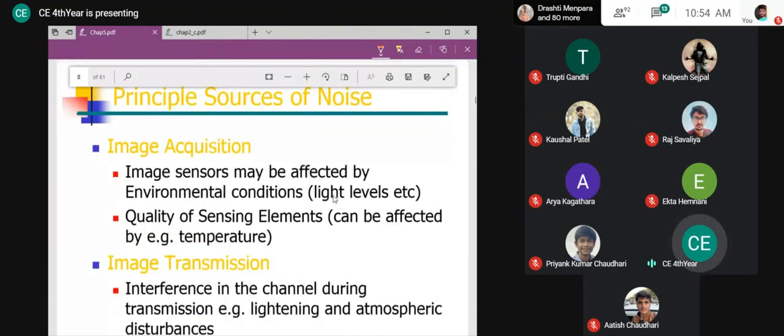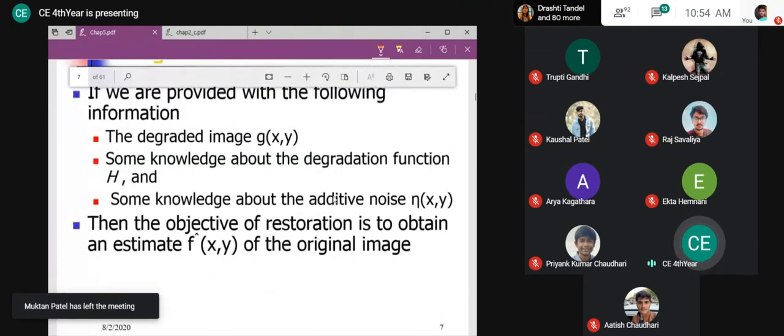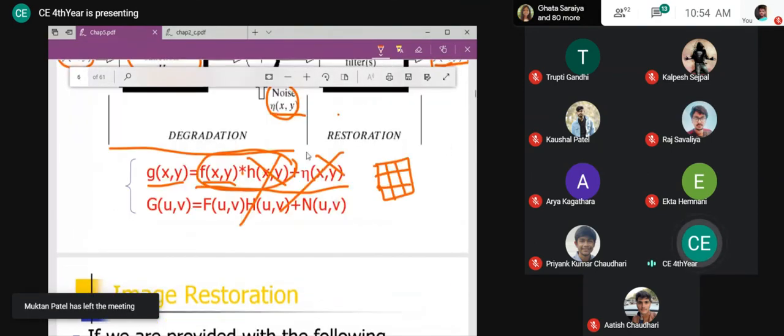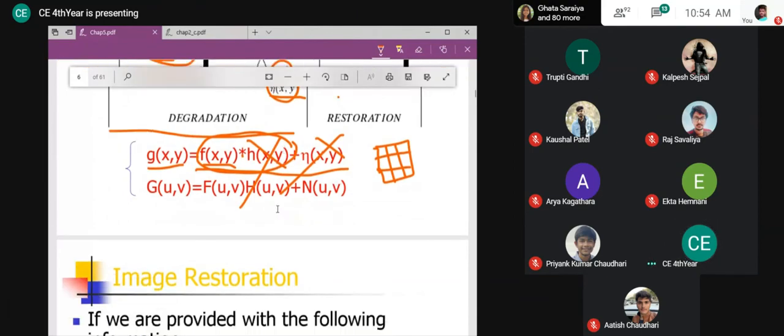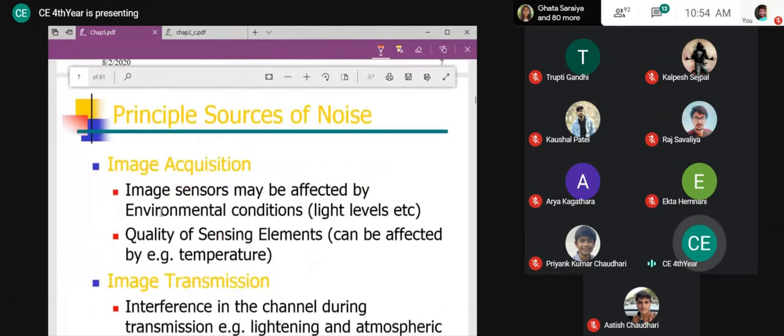So now, the degradation function, definitely we will go to that point, how that degradation will come. But another thing is where the noise comes from, which we have already discussed. Noise may arise at the sensor itself. Why? Because of atmospheric effects and environmental conditions like light levels, or, as I told you, lightning.